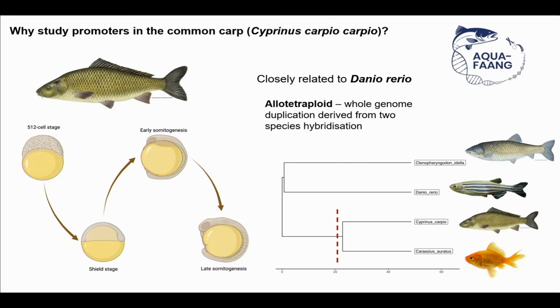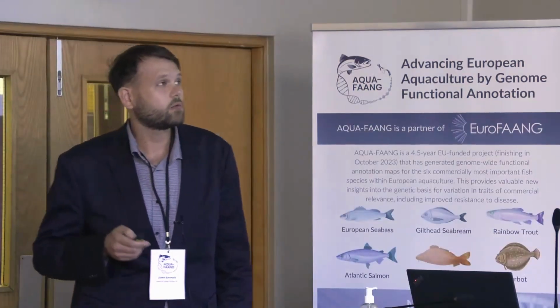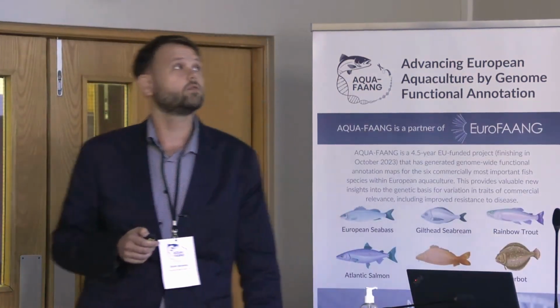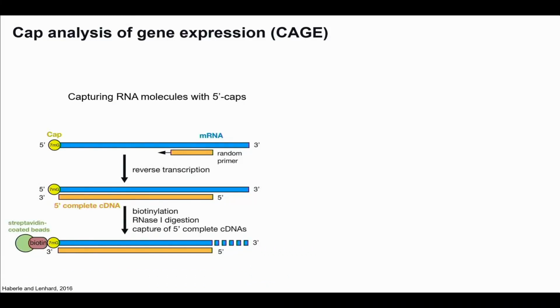So how did we do the analysis? We used the cap analysis of gene expression, or CAGE, which is currently the most unbiased method to analyze promoters at single base resolution.